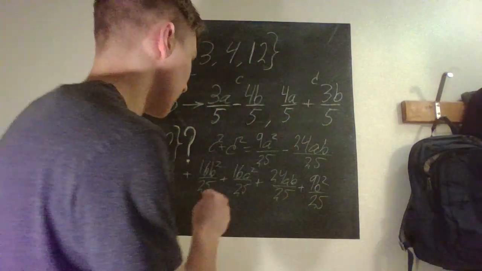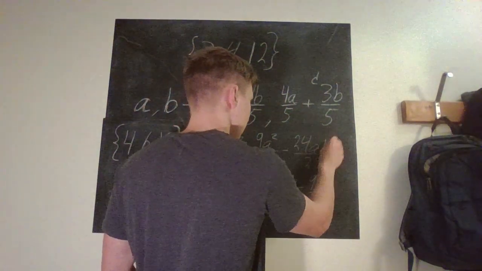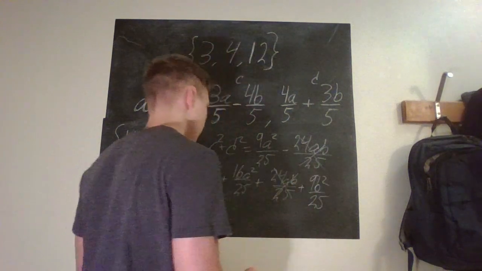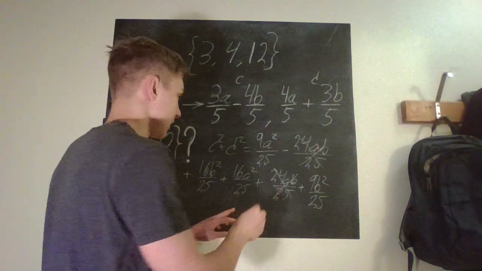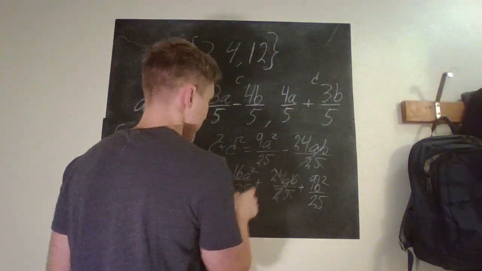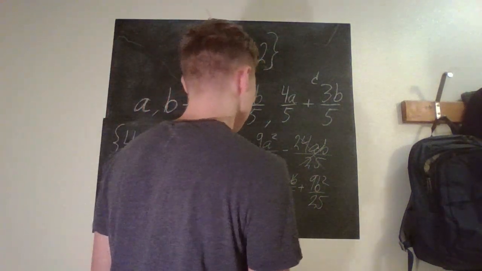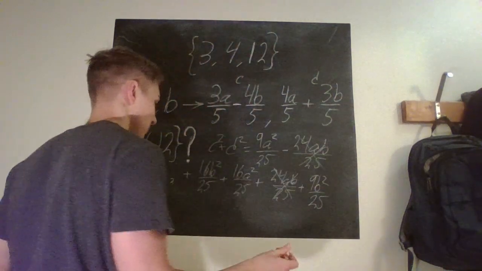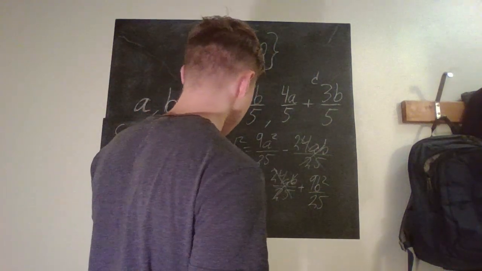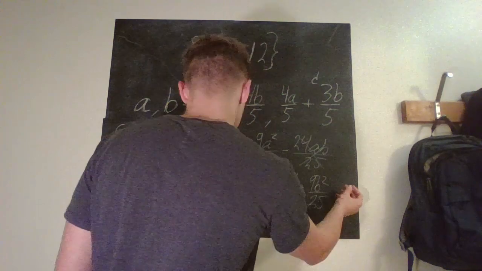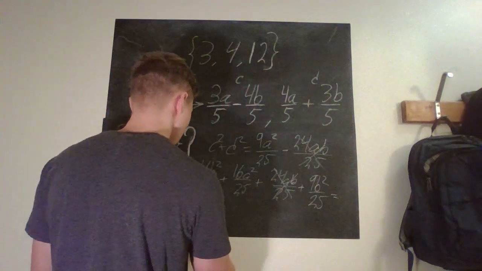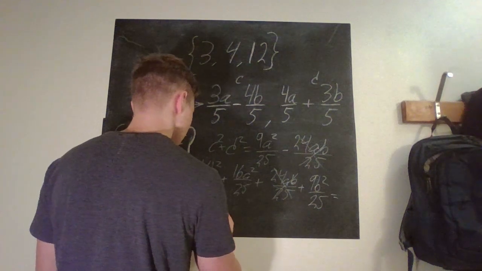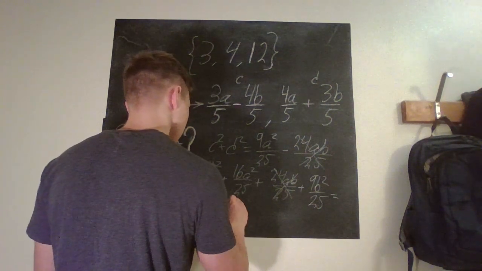These cross terms cancel out, and we have 9 plus 16 A squared over 25, and also 16 plus 9 over 25 for B squared. And this is equal to A squared plus B squared.